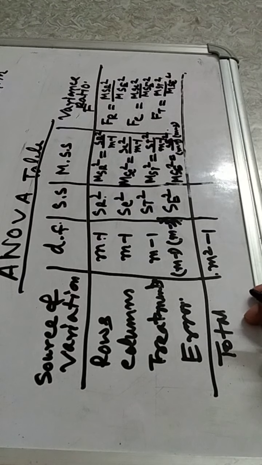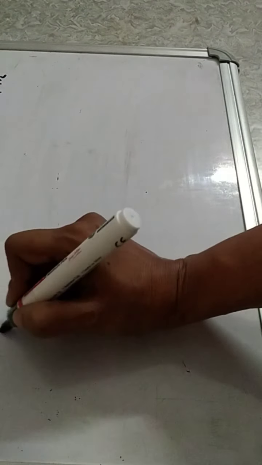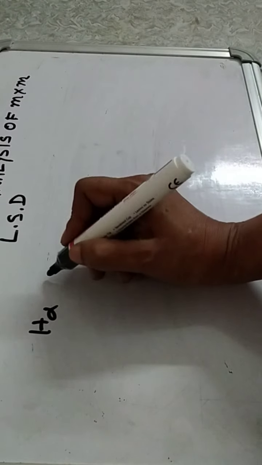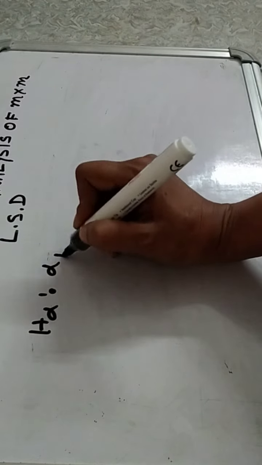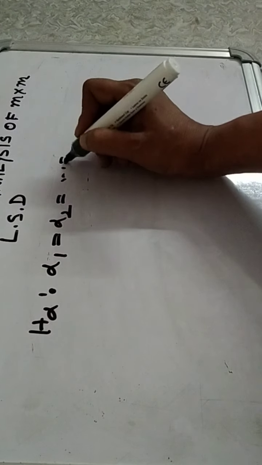Then we set up the null hypothesis. Let us set up the null hypothesis for row effects, H alpha: alpha 1 is equal to alpha 2 is equal to up to alpha m is equal to 0.